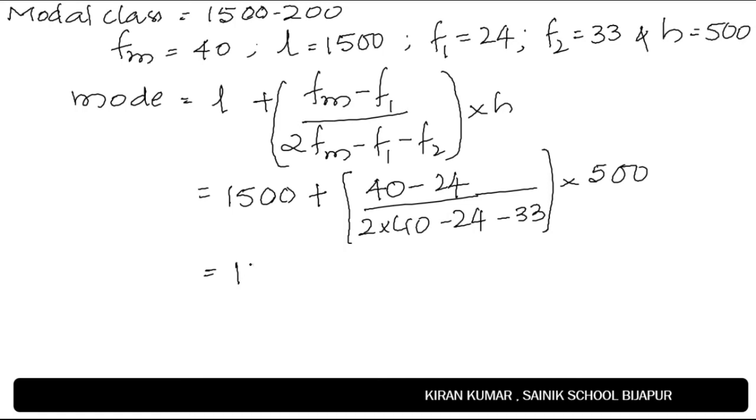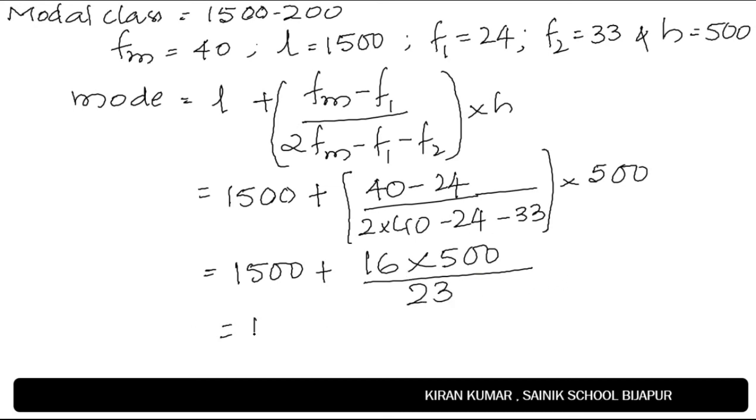So we get 1500 plus 16 multiplied by 500 divided by 2 times 40, which is 80, 80 minus 24 minus 33 will become 23.